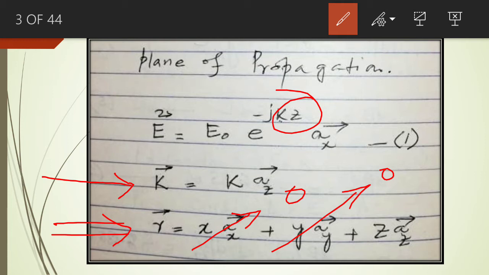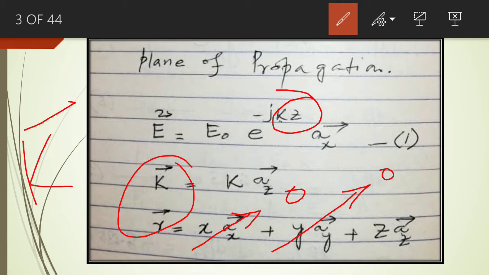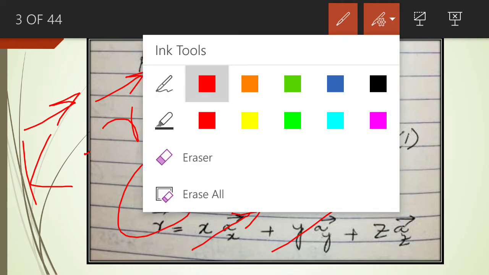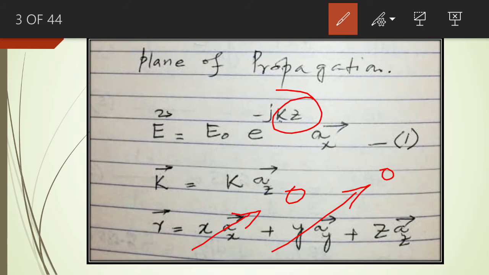And what we do, we calculate the scalar product of these two vectors. The scalar product of these two vectors is equal to k dot r. So let us talk about the scalar product of vector k and vector r. So az dot ax results in 0. So the first component of k dot r will be equal to 0. Why? Because az dot ax is 0.